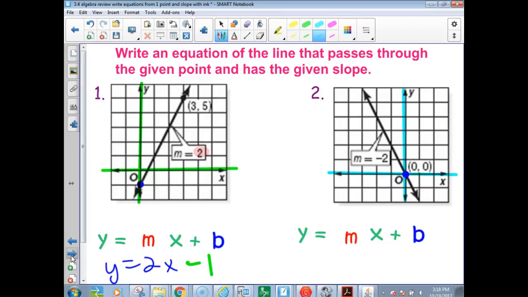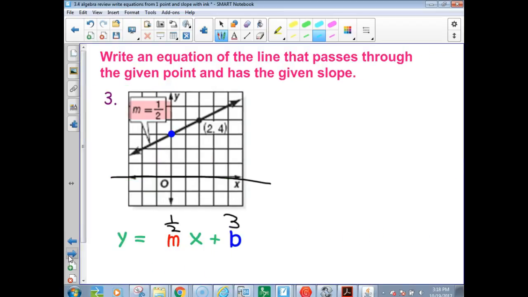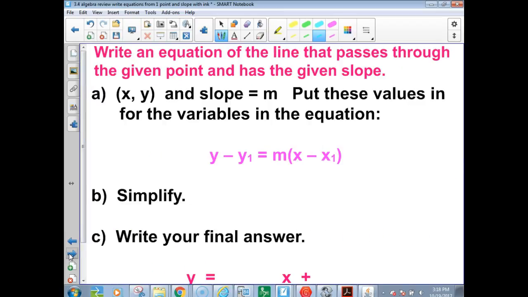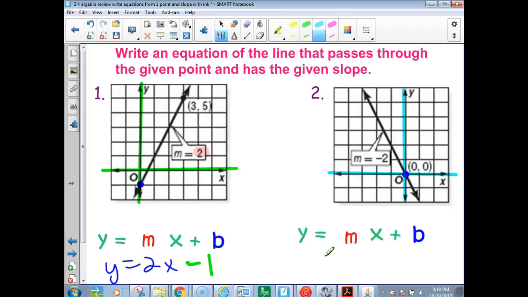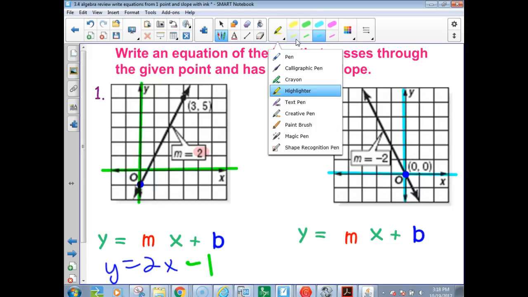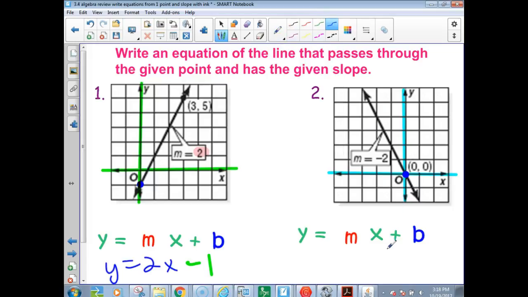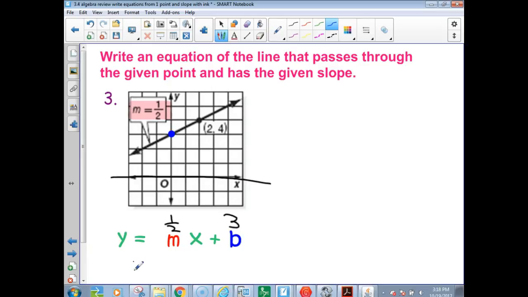You can do that. All right, so we should be able to quickly knock these out. This one will be y equals negative 2x, because b is 0. This one's going to be y equals 1/2 x.